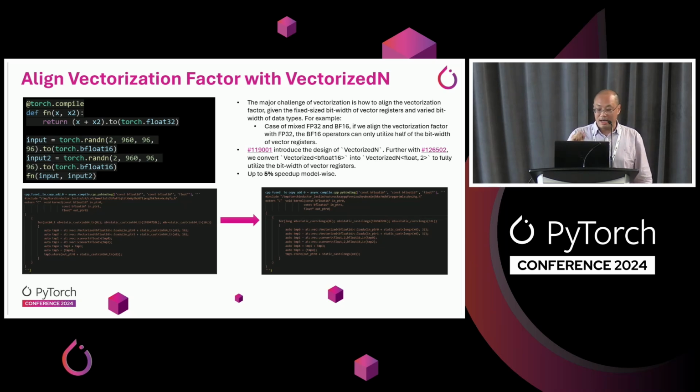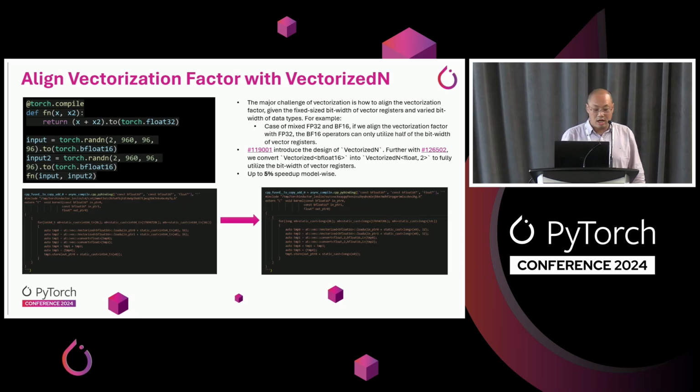To align the vectorization factor among different data types, a naive approach is to pick the smallest vectorization factor, 16 for float, and then only half of the lanes for bfloat16. So this wastes the potential of wider vector lanes.